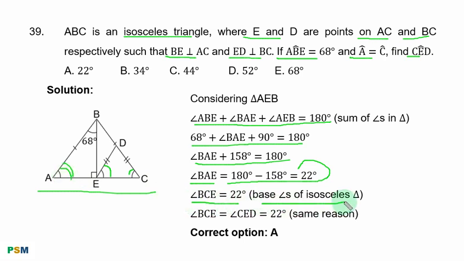Triangle CDE is also another isosceles triangle. For that reason, the base angles are also equal. Therefore, angle BCE is equal to angle CED, and that is 22 degrees. The correct option is A.